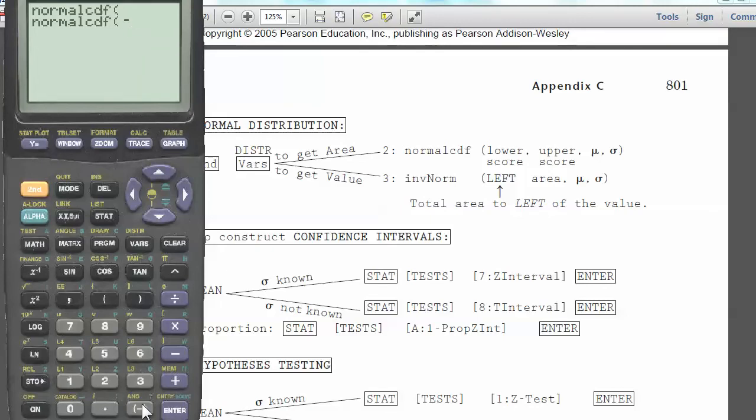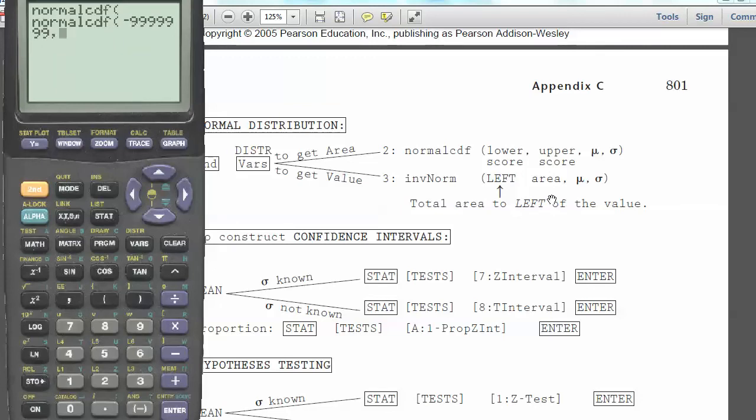I could say negative 10 to the 10th power, or negative 10 to the 100th power. But I actually prefer just to type in negative 7 nines: 1, 2, 3, 4, 5, 6, 7, because that should be as good as negative infinity for the calculator.